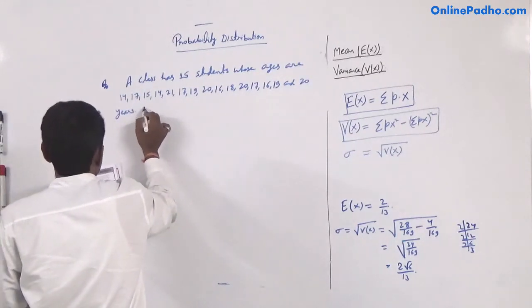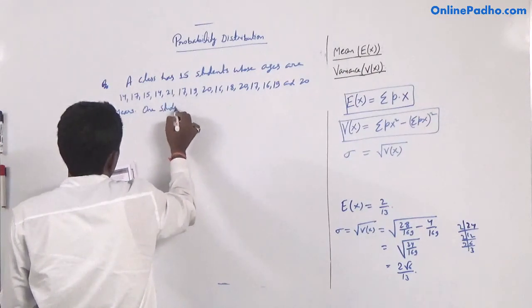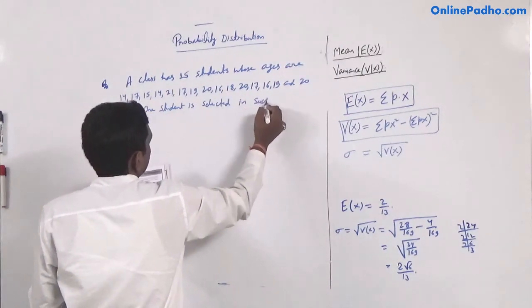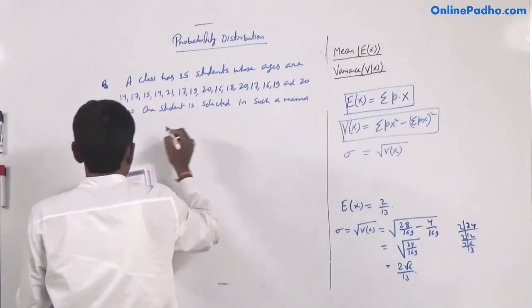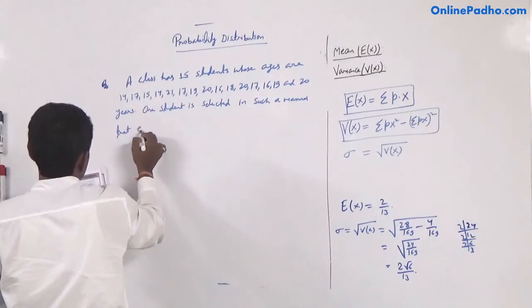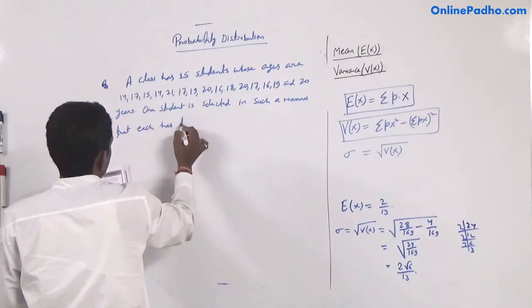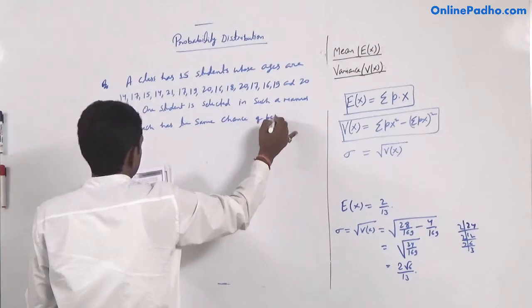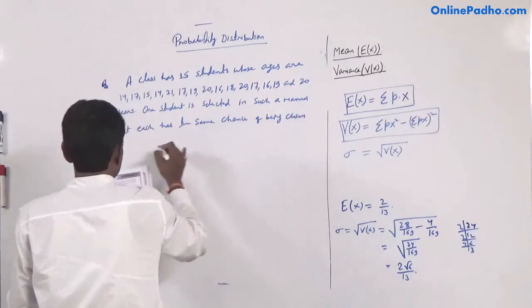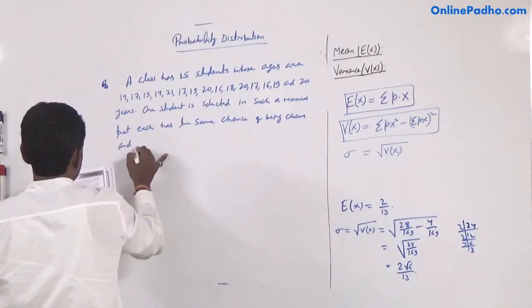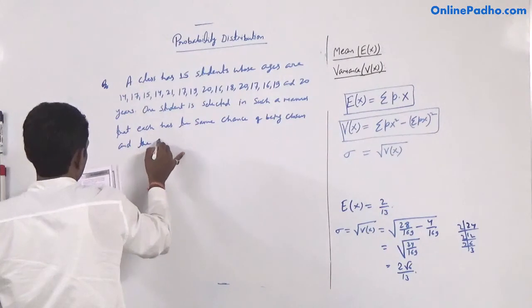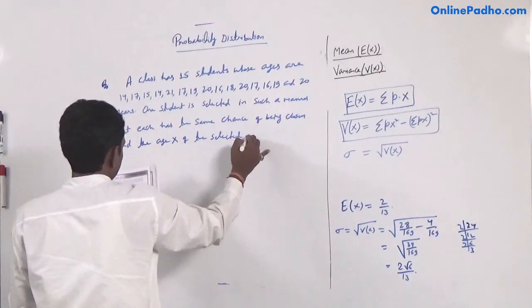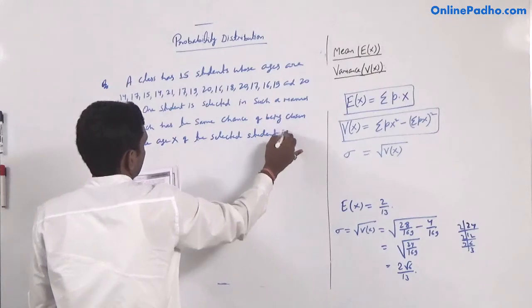One student is selected in such a manner that each has the same chance of being selected, and the age of the selected student is recorded.